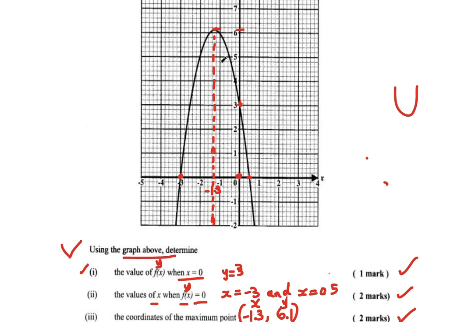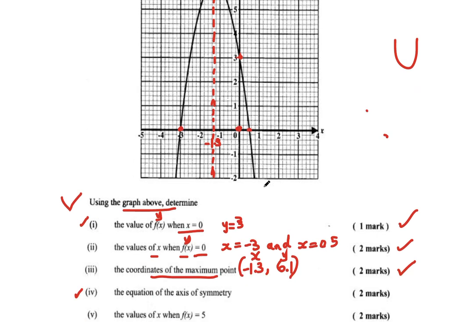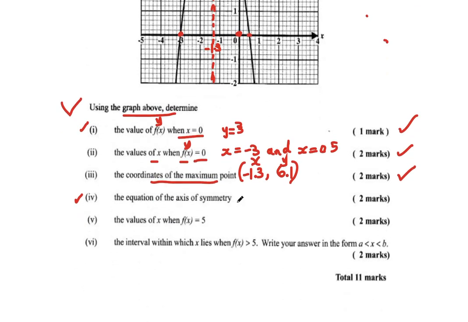This axis of symmetry divides the parabola into 2 equal halves. So if you were to fold the parabola around this point, each side would fit perfectly on the other. The equation of the line of symmetry is a line that passes through the x-axis.